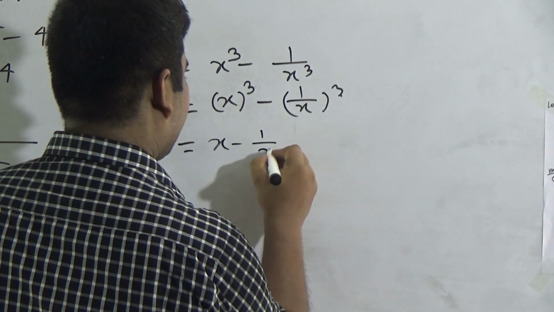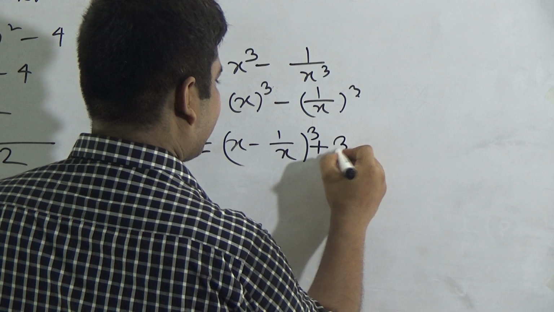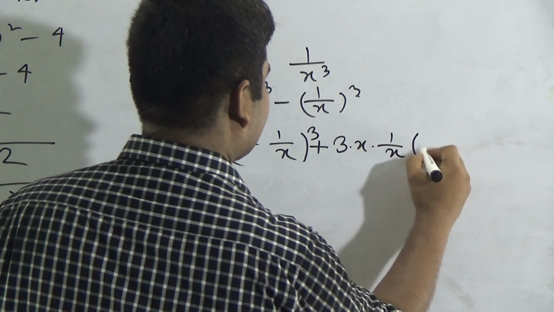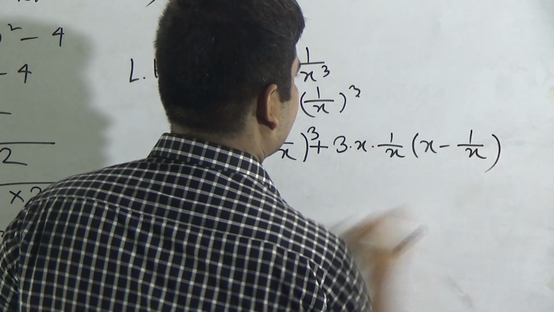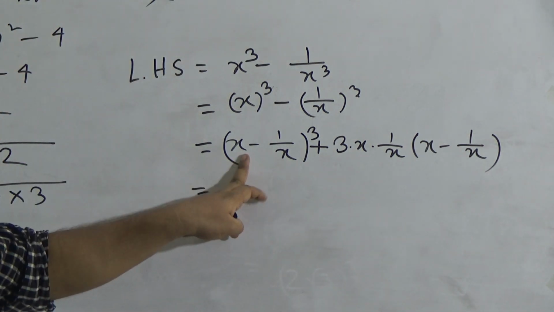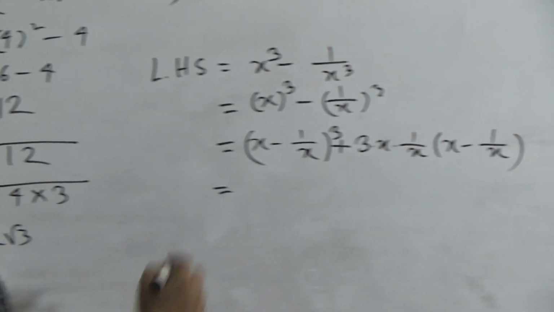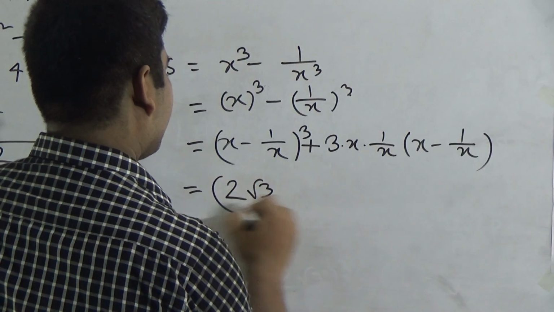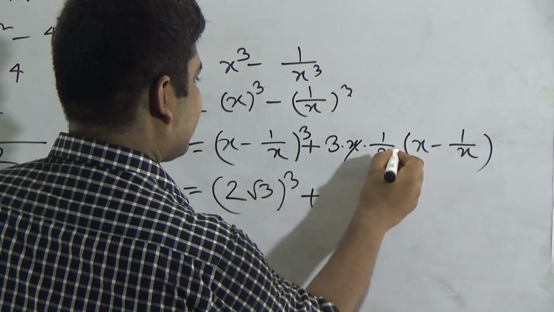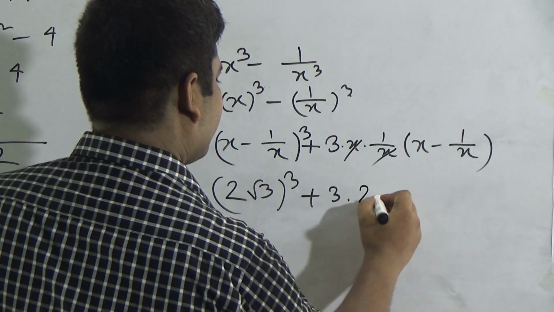X minus 1 by x whole cube plus 3 into x into 1 by x, x minus 1 by x. So my dear students, now we put the value. What is the value of x minus 1 by x? Notice 2 root 3. So 2 root 3 cube plus 3 into the value of x minus 1 by x is 2 root 3.